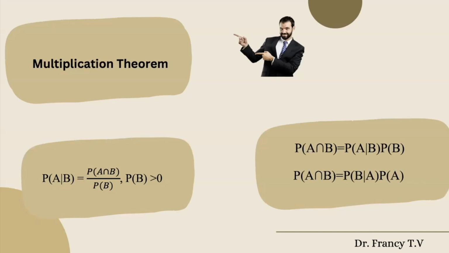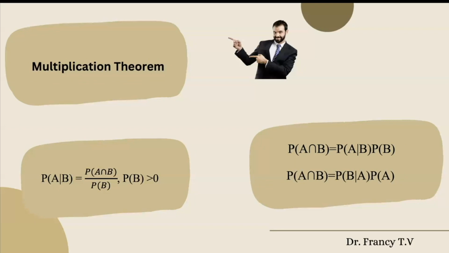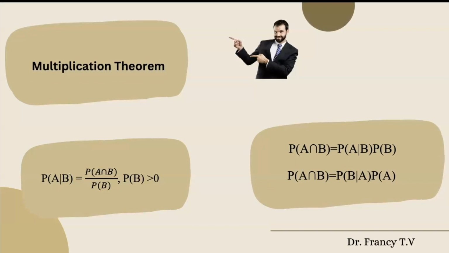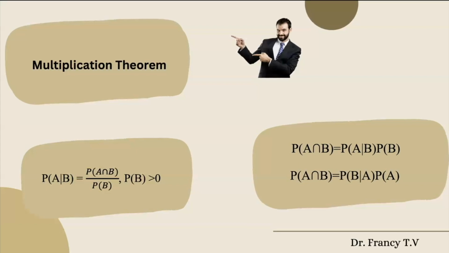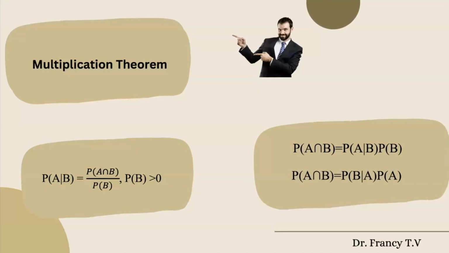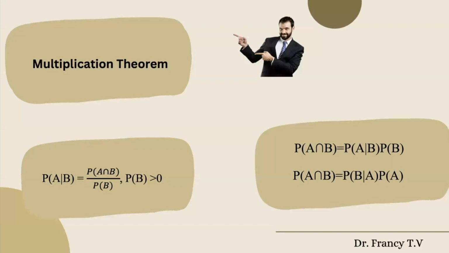So, multiplication theorem can be stated in two different ways: either P of A intersection B equal to P of A given B into P of B, or P of A intersection B equal to P of B given A into P of A.